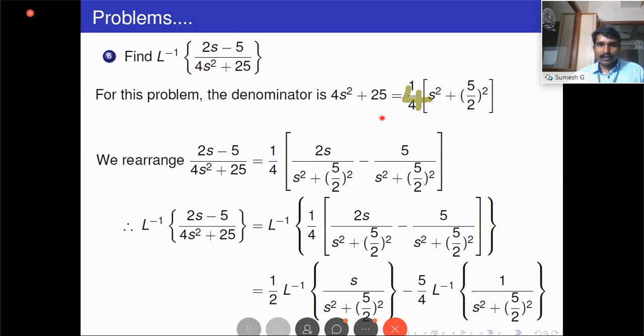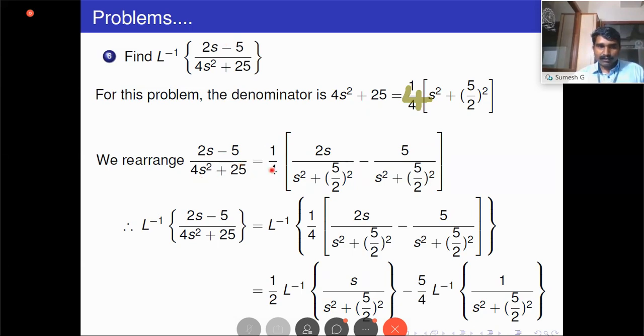So here we have to take 4 outside. This is not 1 by 4, it is 4. We take 4 outside. It becomes 4 into s square plus 25 by 4. 25 by 4 can be written as 5 by 2 whole square. So this is the corresponding denominator now. We rearrange the given expression: 2s minus 5 by 4s square plus 25.